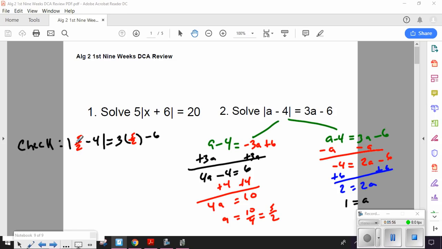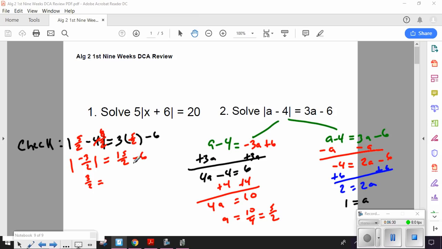So 5 over 2 minus 4 is going to give me, I'm going to need a common denominator, so this is 8 over 2. So that would be the absolute value of negative 3 over 2 is equal to 3 times 5 halves is 15 halves. So this would be a positive 3 halves over here.